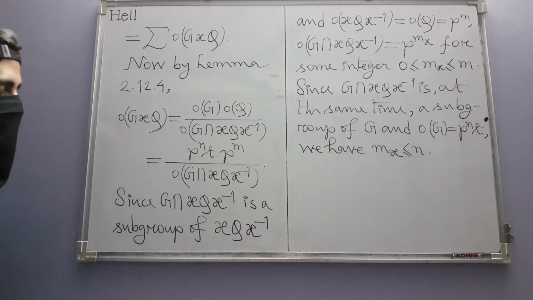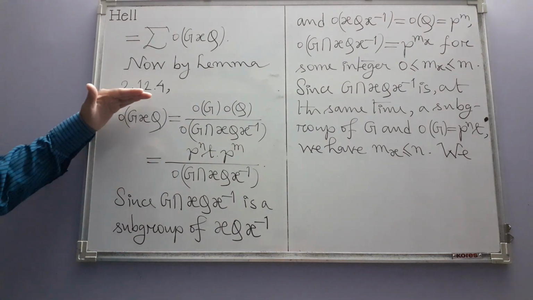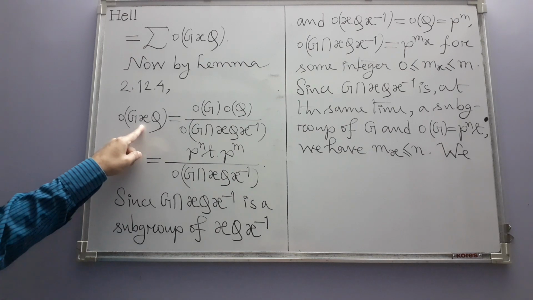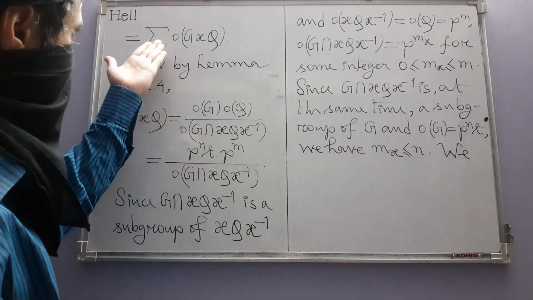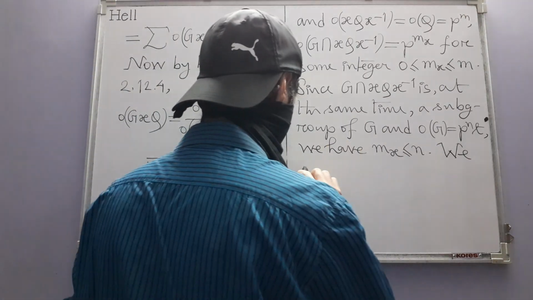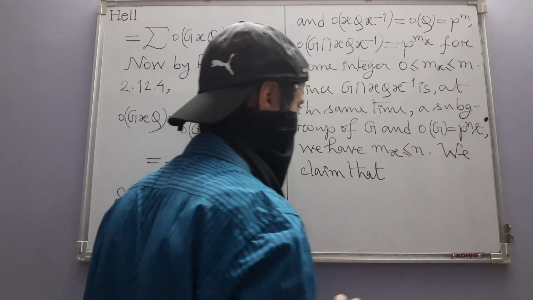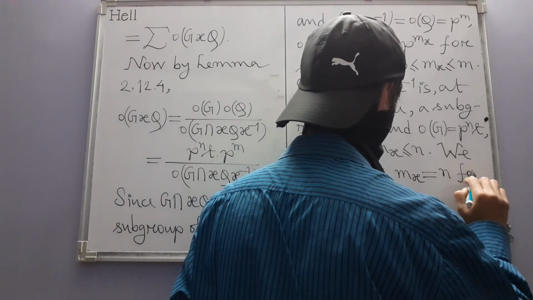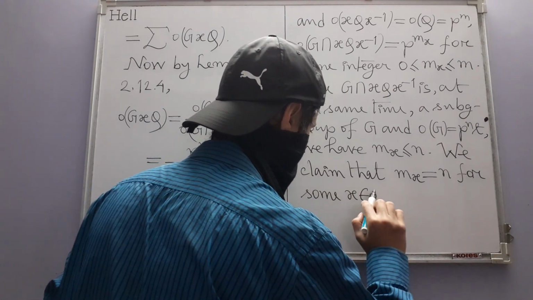And now the claim is this. Note one thing, that whatever we have been saying so far, we did not choose any specific x. In fact, x was any x in the terms of the sum. But now we are claiming that mx is equal to n for some element x.